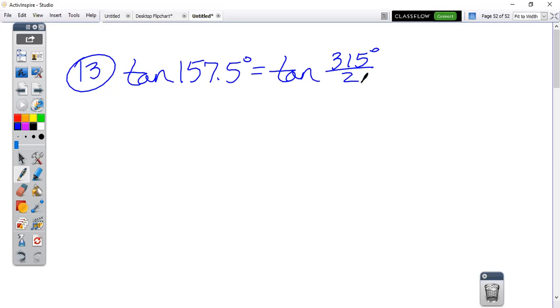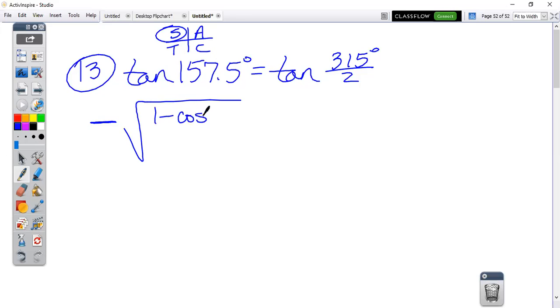Again, what quadrant is 157.5 in? It's in the second quadrant, so tangent is going to be negative square root again. So negative square root of 1 minus cosine of 315 divided by 1 plus the cosine of 315.